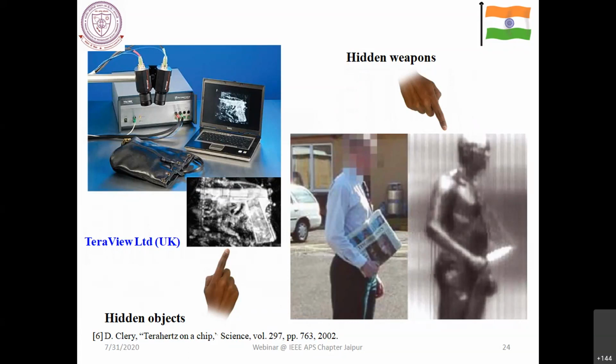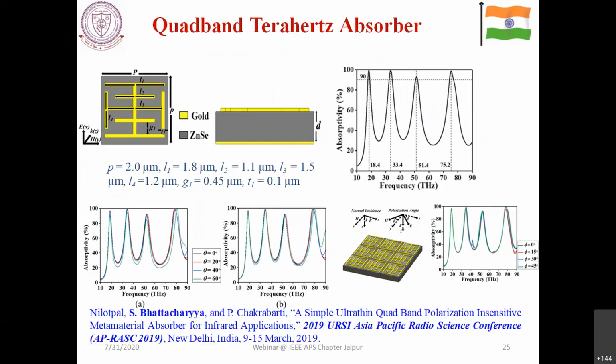Now, you can model some kind of absorbers in the terahertz domain also. But one very fundamental thing I'm telling you: once you want to make a gold or metallic pattern on the surface of a dielectric, you have to be very sure about the choice of the dielectric as well as the choice of the metallic patterns.